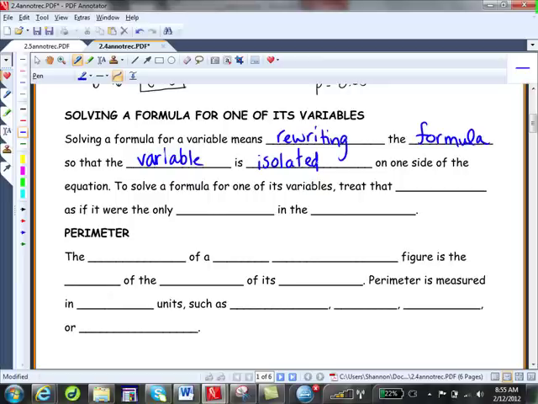To solve a formula for one of its variables, you treat that variable as if it were the only variable in the equation.